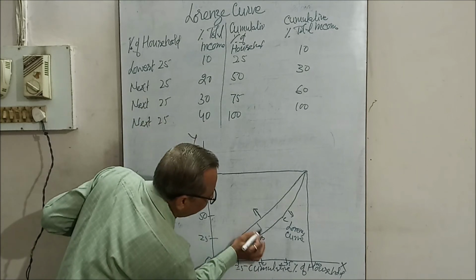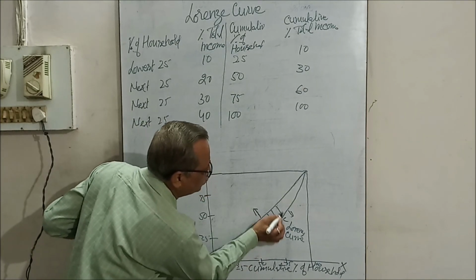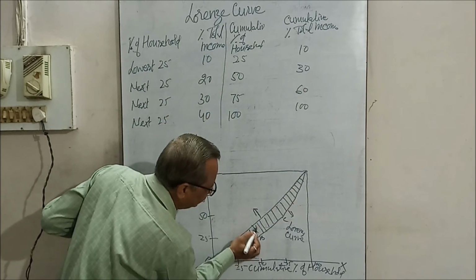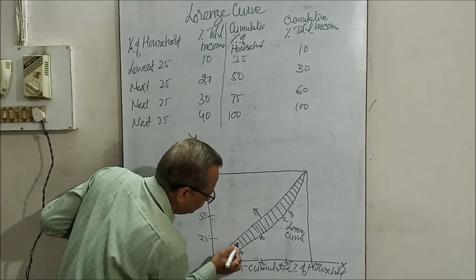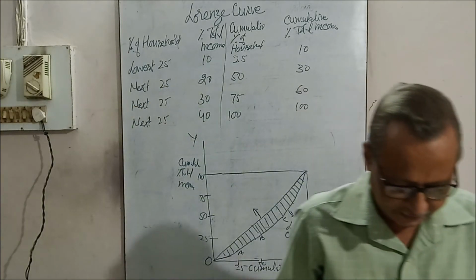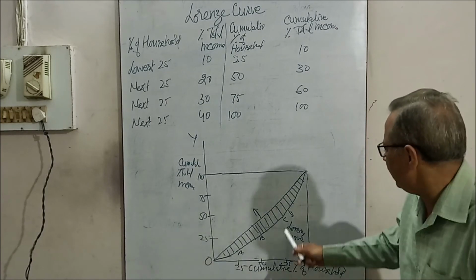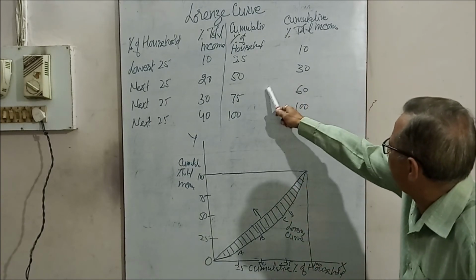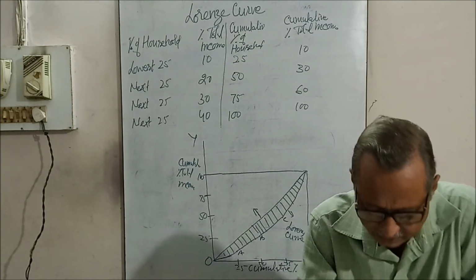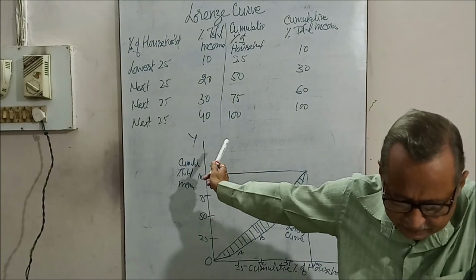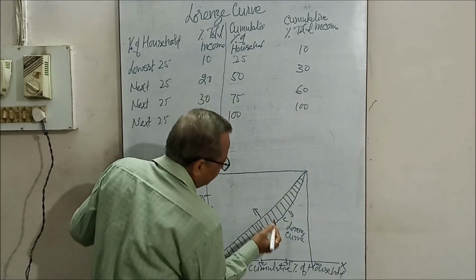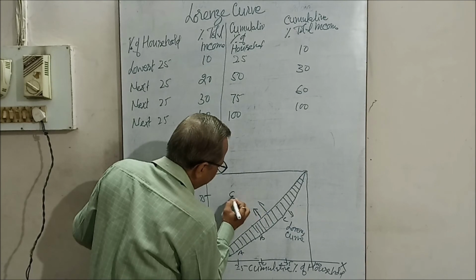And the variation between these two is called the inequality. So corresponding household percentage and corresponding total income are taken. This is the line of equal distribution, called the equality line.